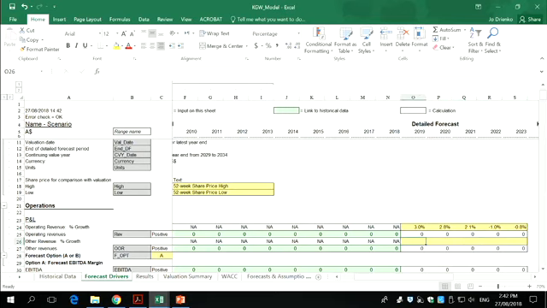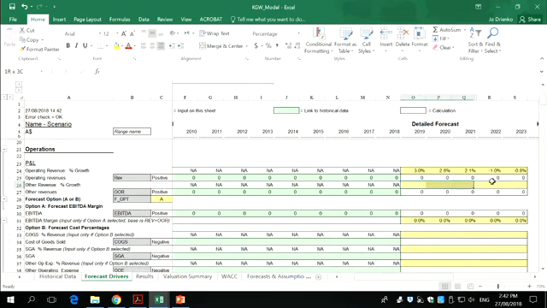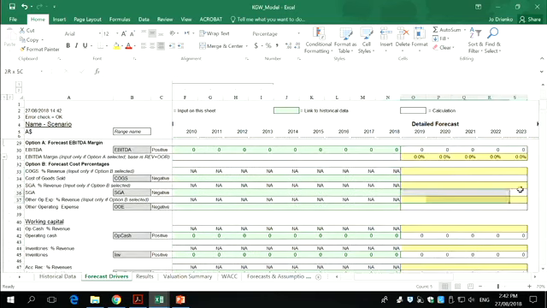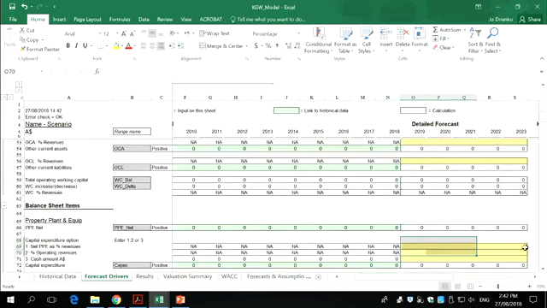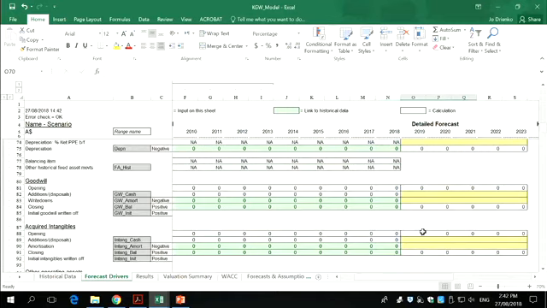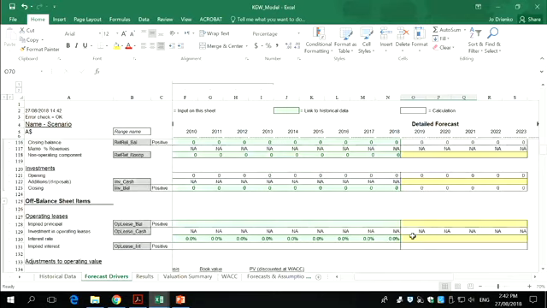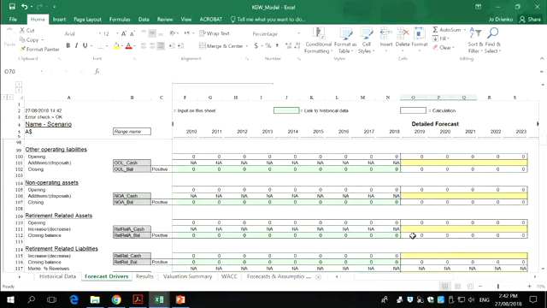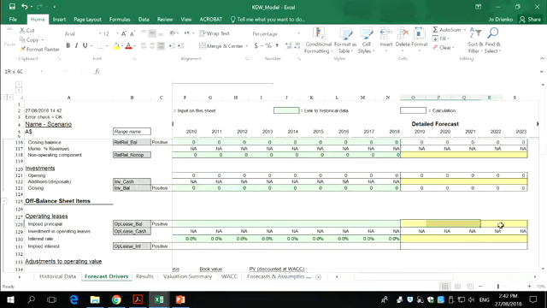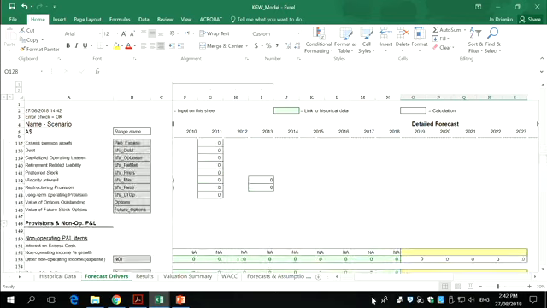It's all flexible. You can have specific inputs for each year for things like revenue growth, costs, inventory, working capital, operating cash, CapEx. You are in control as an analyst of your assumptions. And if you're forecasting some kind of an increase in leases, you can forecast that easily, right? You can increase that here.